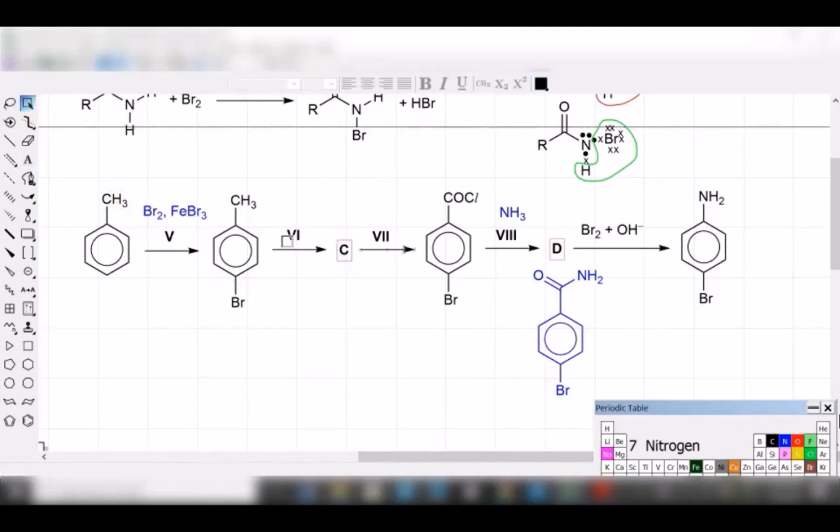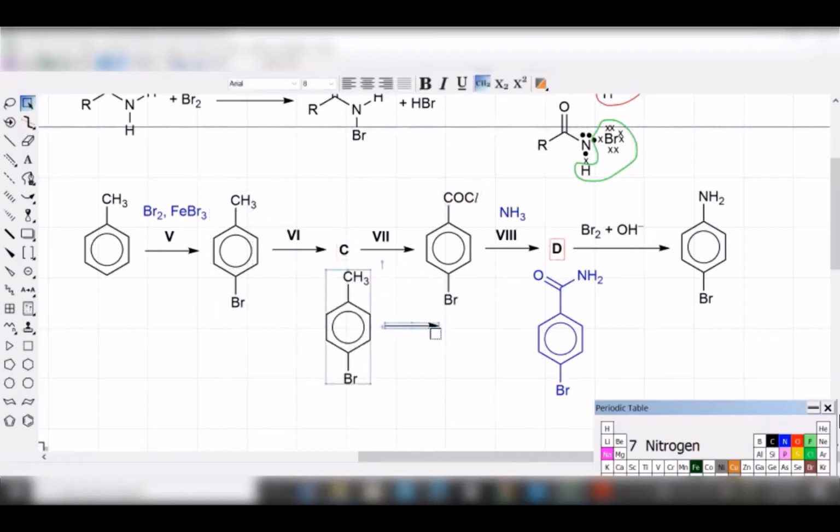And then the next step, you can see that the Br remains. So in order for you to get the acyl chloride here, your C therefore must be the carboxylic acid. So that's where you draw in your carboxylic acid.